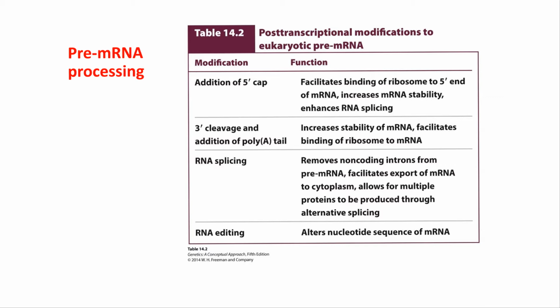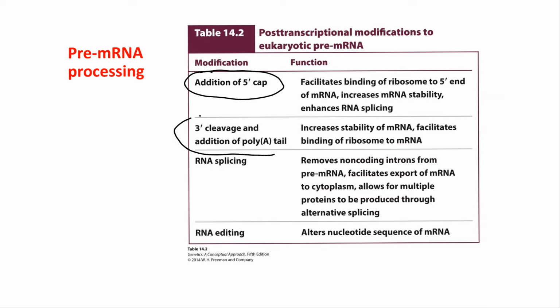The first change which takes place is the addition of a 5' cap, the addition of a cap to the 5' end of the pre-mRNA. This facilitates binding to ribosomes, and it also increases stability of mRNA. Afterwards, there is 3' end modification.